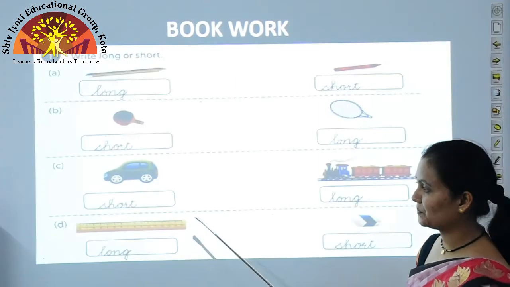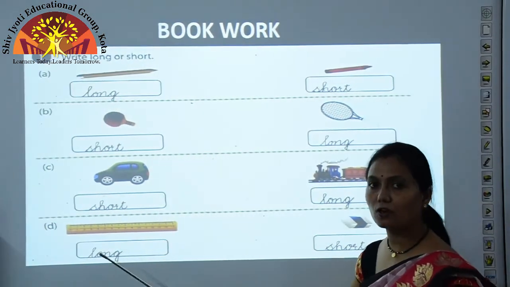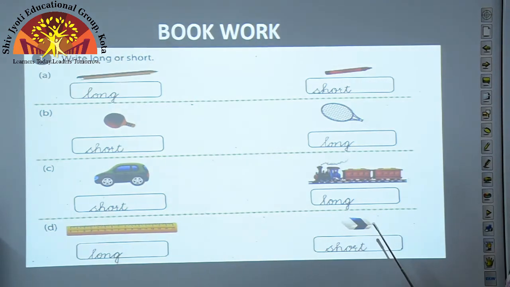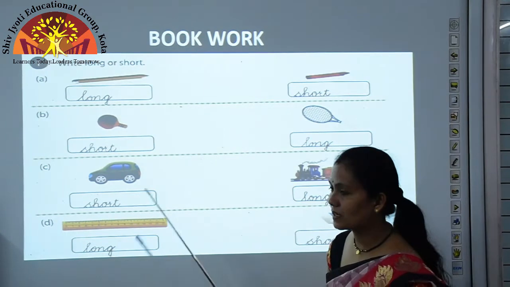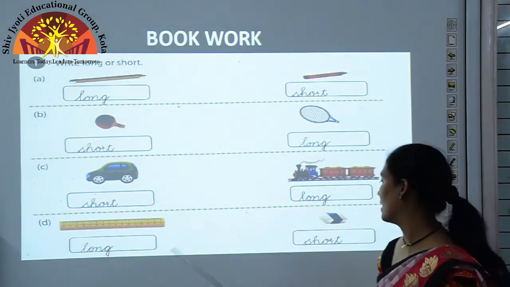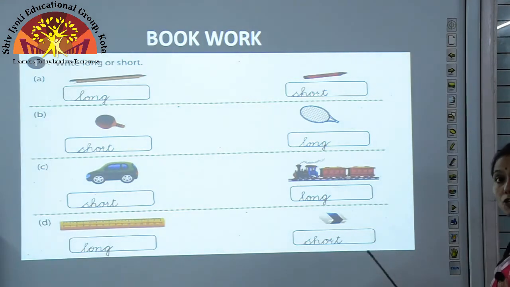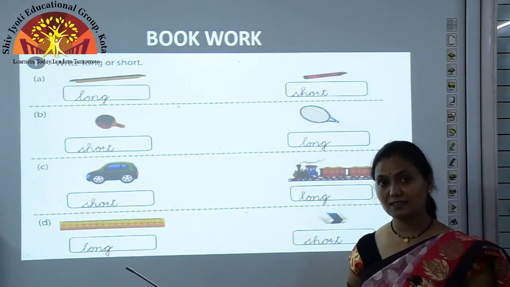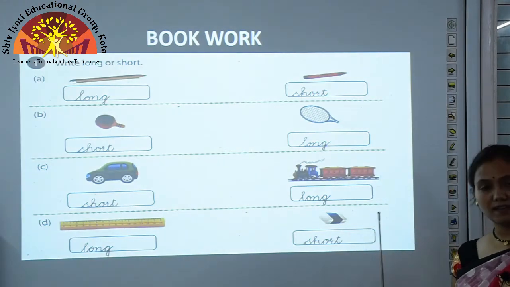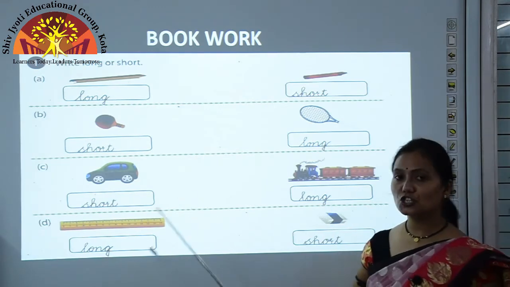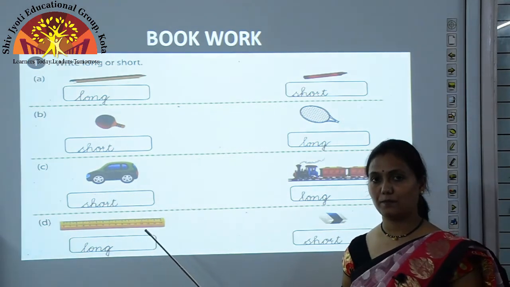Now next, this is a picture of a scale and this is a picture of an eraser. Now you can see scale is long and eraser is short, or we can say scale is longer than an eraser or an eraser is shorter than a scale.